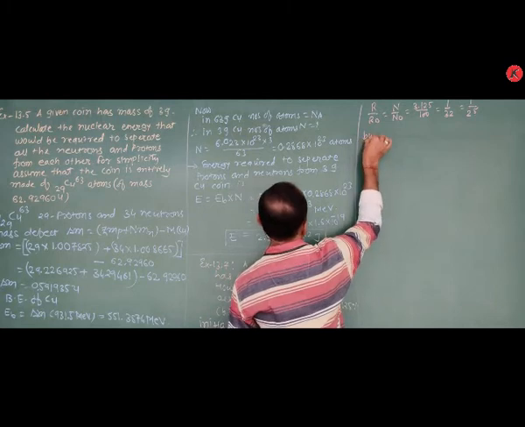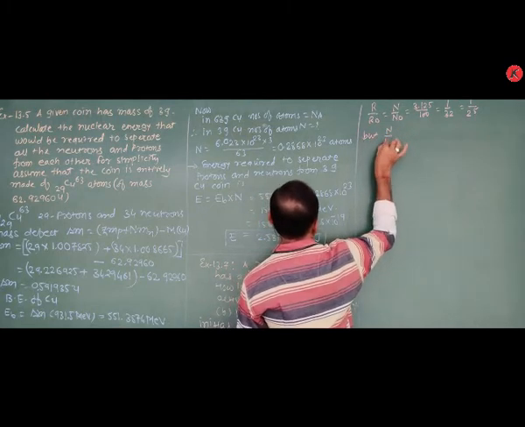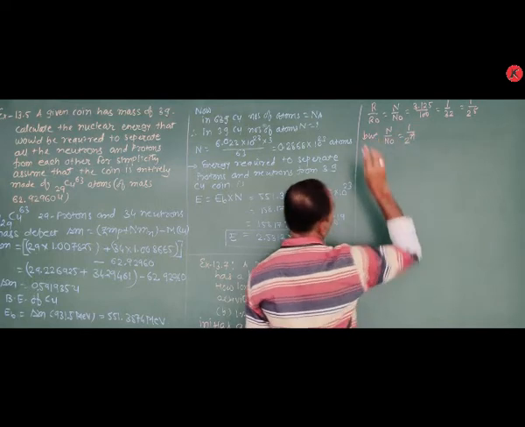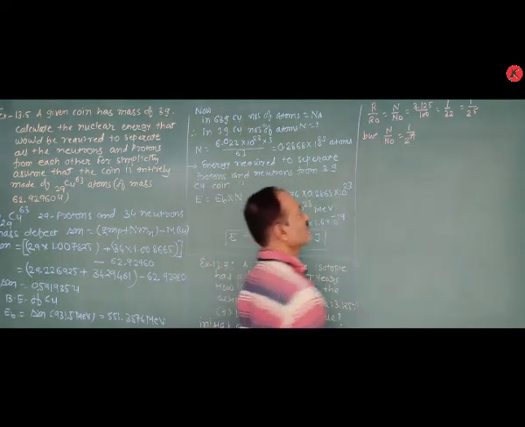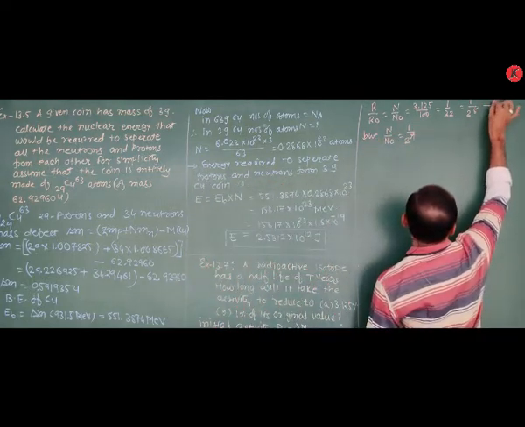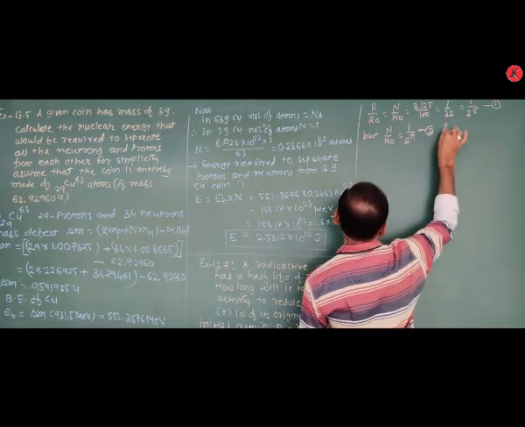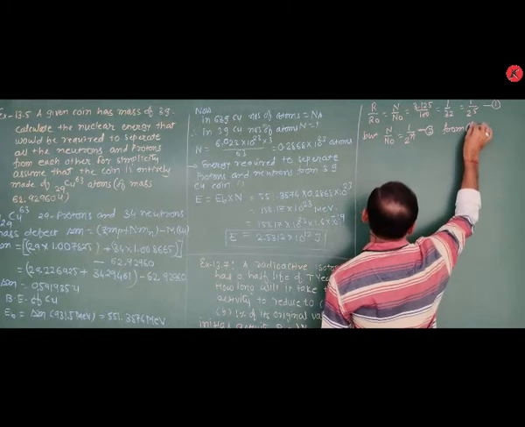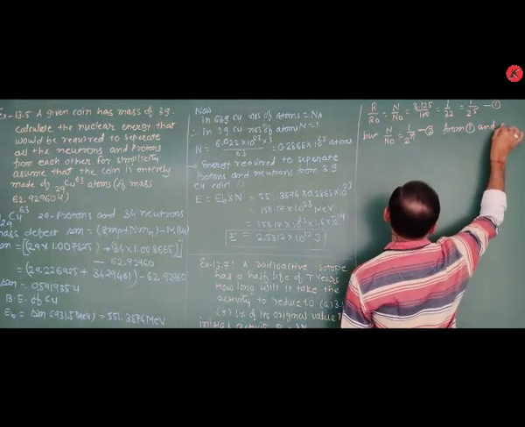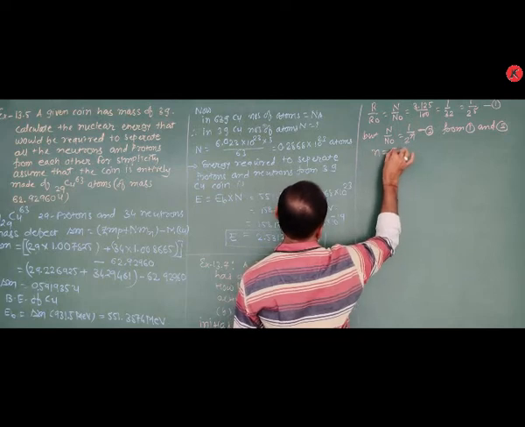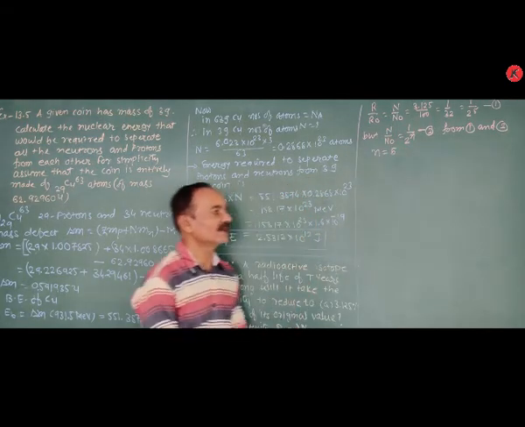But we know that n upon n0 is equal to 1 upon 2 to the power n. There is equation 1 and 2. From equation 1 and 2, we know that n is equal to 5.